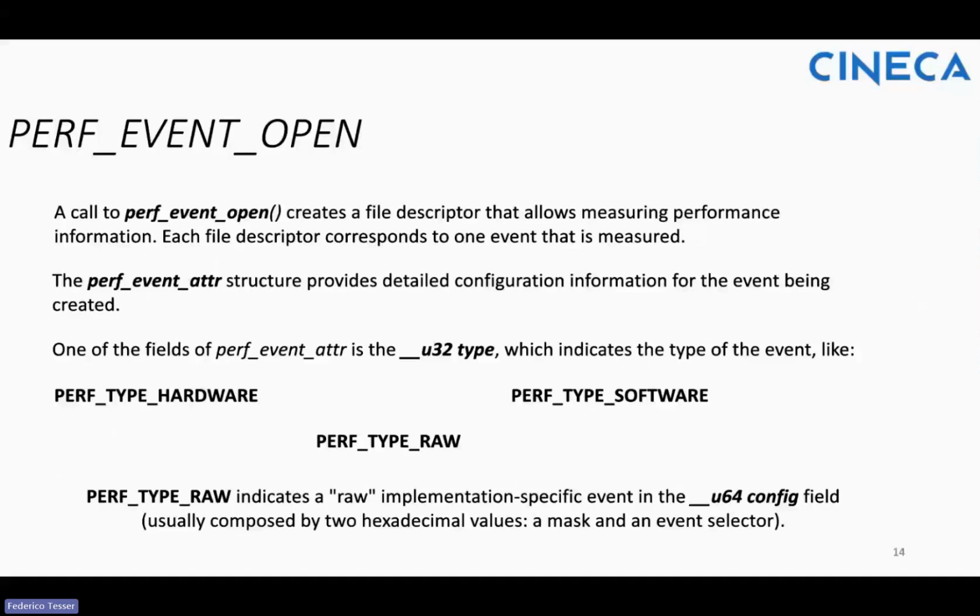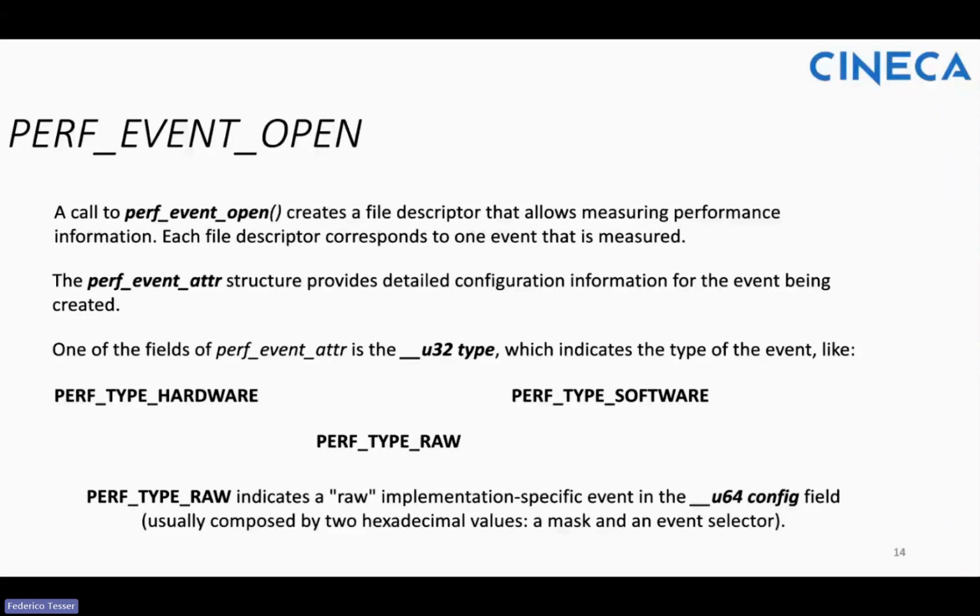Another way in which you can use perf is actually calling the perf_event_open inside your code. So you're going to modify your code inside the perf_event_open, and then you have to pass it some specific attributes, especially in the form of a struct, and with that you can choose the type of the events.